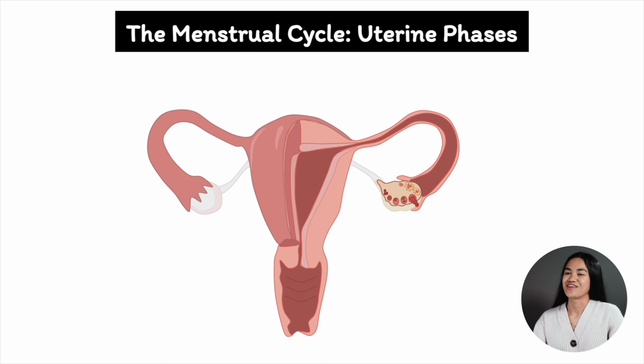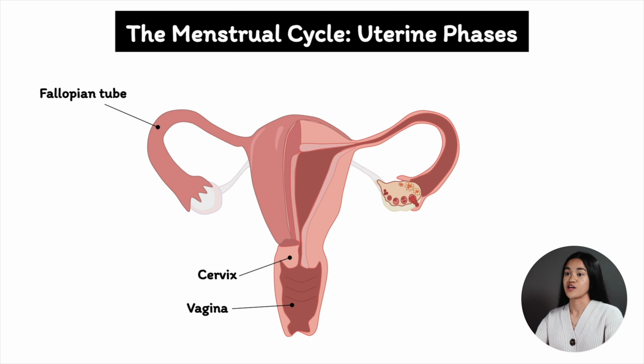Okay, so let's begin this lecture by breaking down the structure of the uterus, because we're focusing on the events that are happening here. Let's label the other structures of the internal female genitalia as well. So there's the vagina, a muscular tube, the cervix, which is the lower part of the uterus, and then the fallopian tubes, which are J-shaped structures, the ovaries, and the uterus.